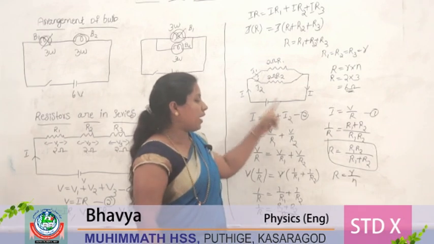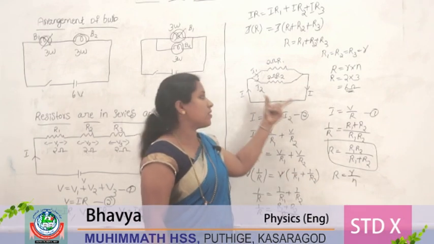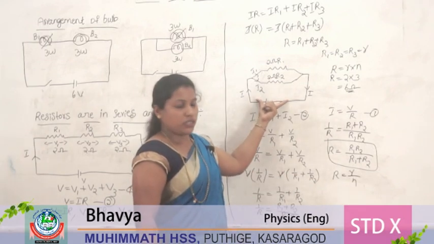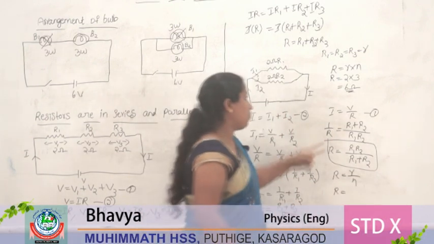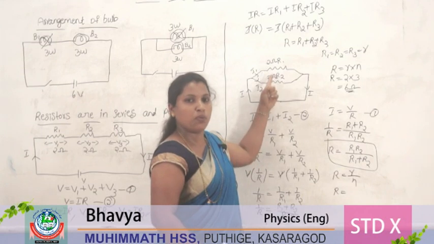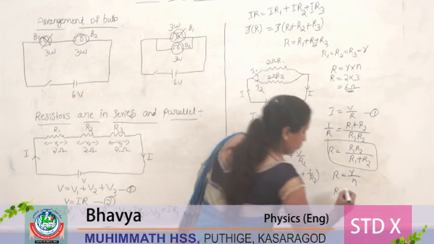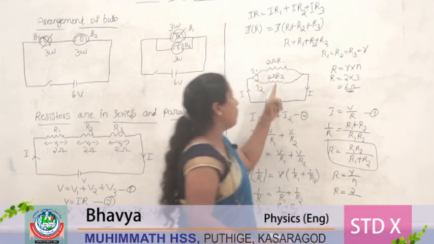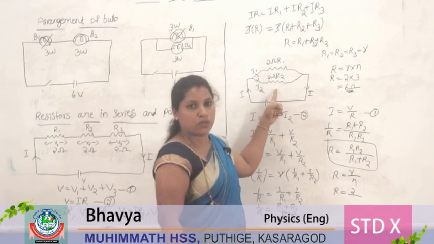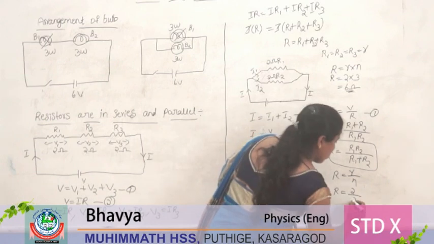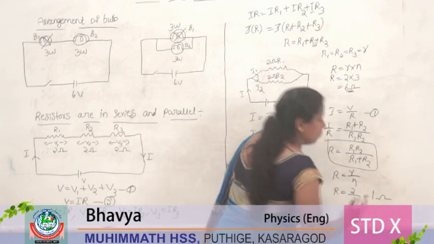So to calculate the effective resistance, R is equal to 2 divided by n. How many resistors? 1, 2, R1 and R2. So 2 resistors, so you get 1 ohm.